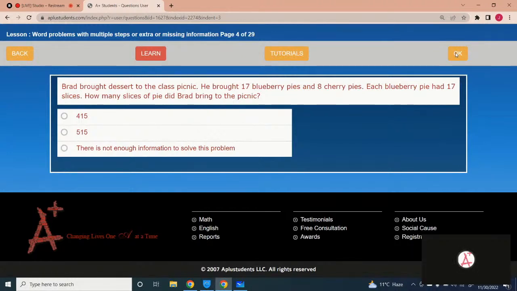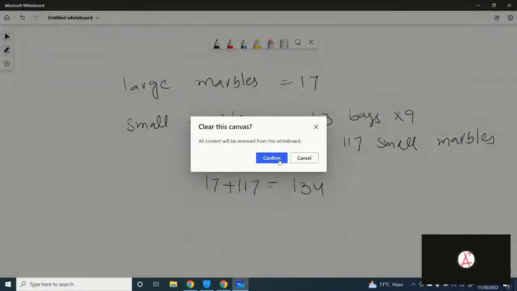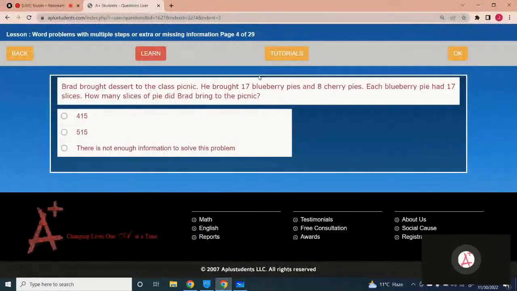Got it? Okay, a blueberry pie has 17 pieces. So that means the blueberry pie pieces are 17 times 17. 17 blueberry pies, and for each blueberry pie he has 17 pieces.